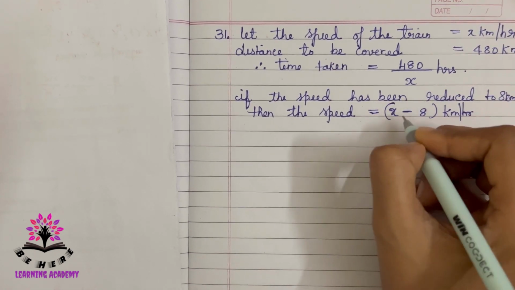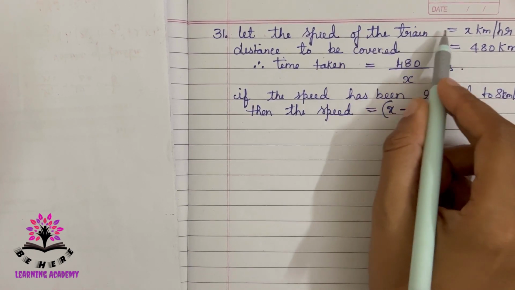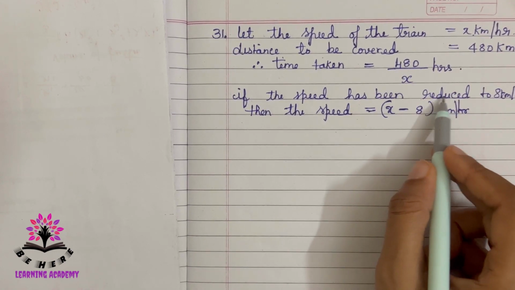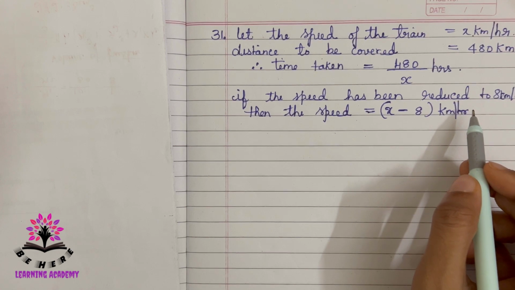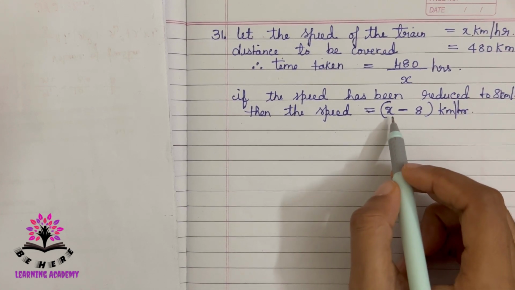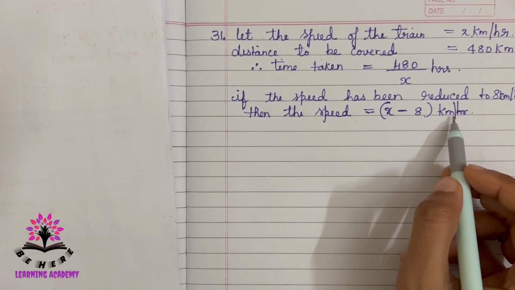Because why is it x minus 8? x is the speed that we have considered, but they have reduced the speed by 8 km per hour. So we can write it as x minus 8 km per hour.